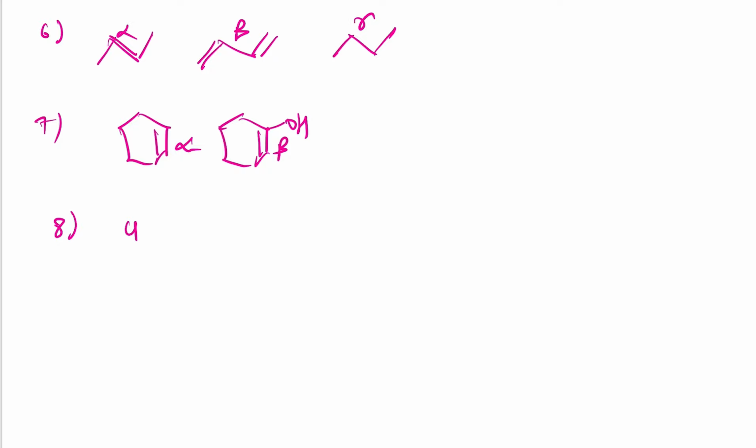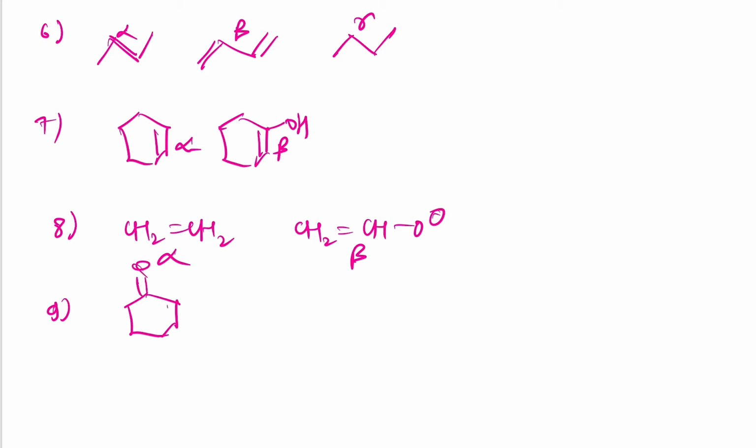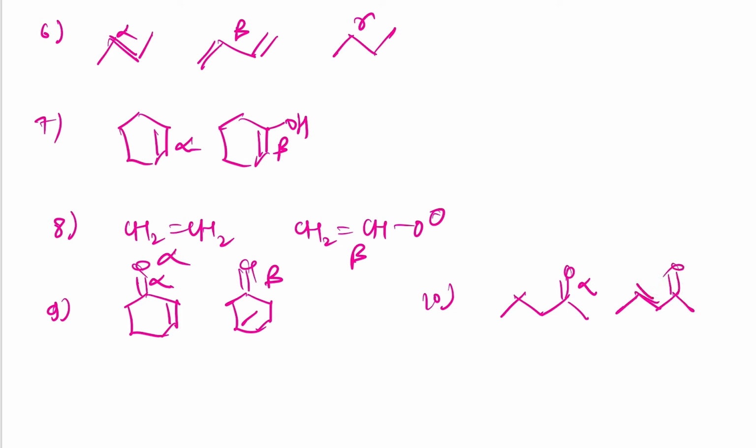The 8th question has CH2 double bond CH2 and CH2 double bond CH and O negative, with alpha here and beta here. The 9th question has the C, alpha and beta. The 10th question has alpha, beta. Now we have to compare all these values. Here the bond order is 2, here nearly 1.5, and here it is 1.